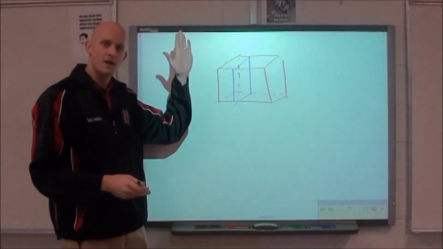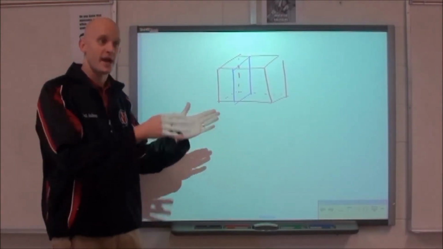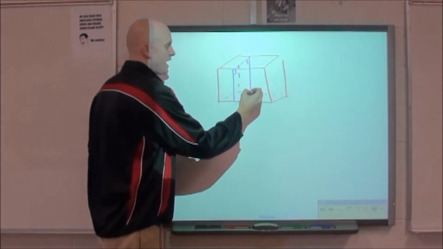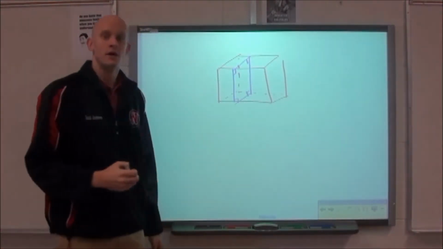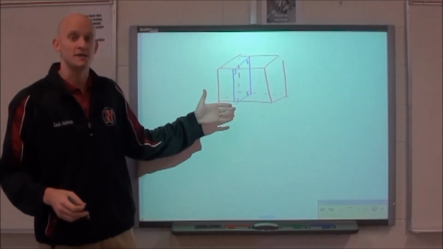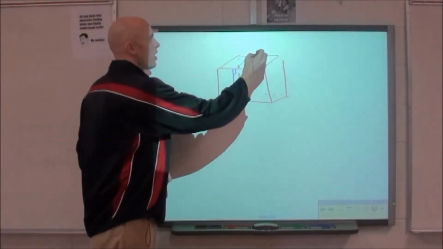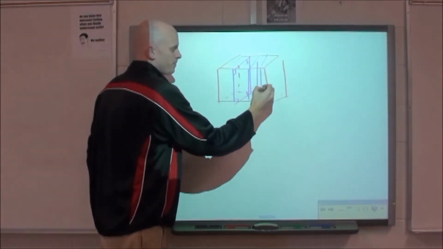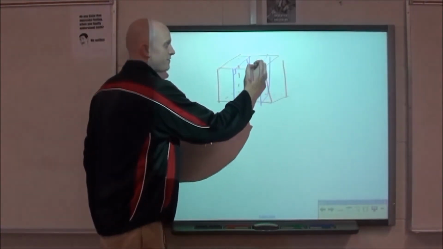So think of just taking your cube and chopping it. And a cross section, in this case, is a square. That is one cross section, one tiny piece. Now, if I were to take all of the little cross sections, we can create an infinite amount of them.